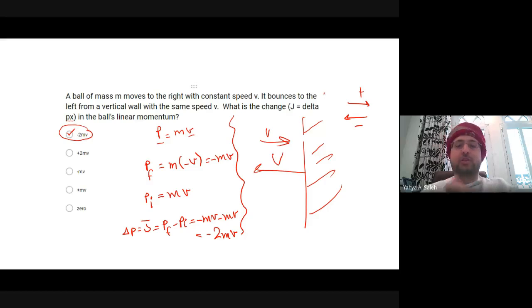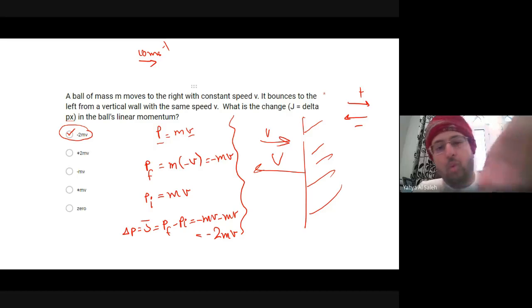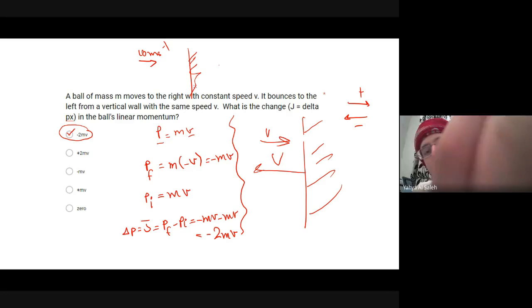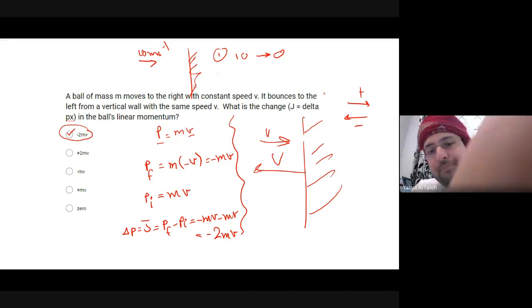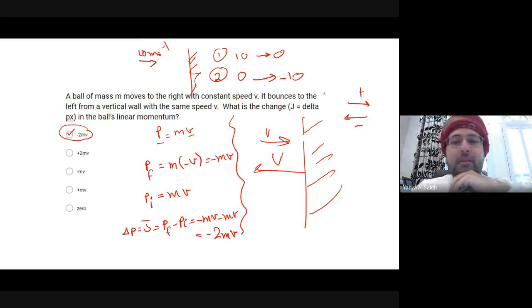So you can think of it this way. If it was coming at 10 meters per second initially, first it went from 10 to 0, and then it went from 0 to minus 10, right? So your total change is 20. This is in terms of velocity. Now, in terms of momentum, you just multiply it with m.